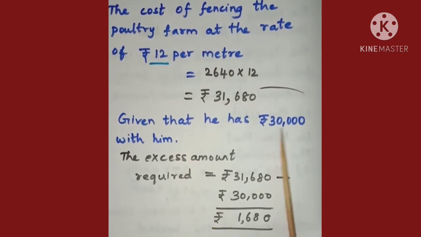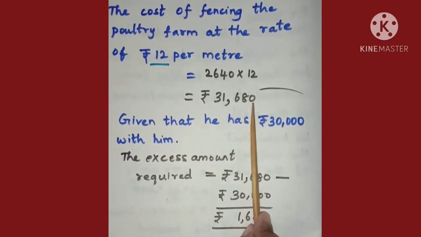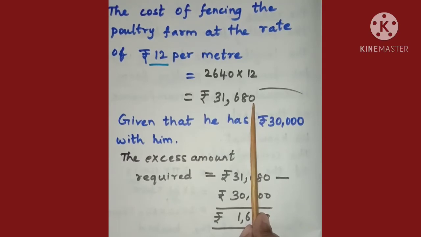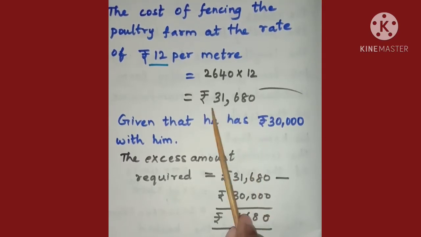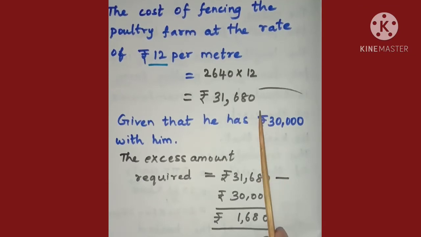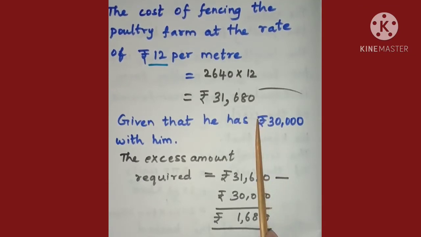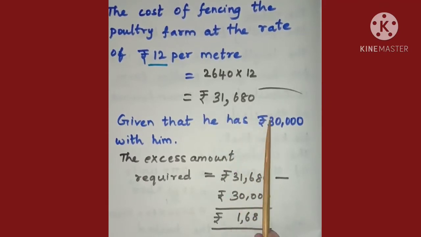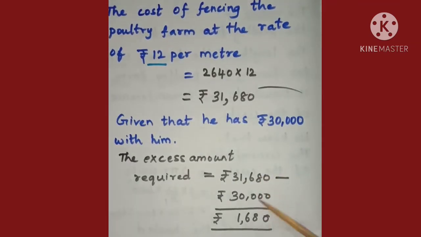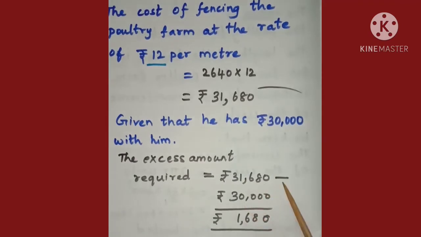We have to find the difference between these two values: 31,680 minus 30,000 is 1,680.